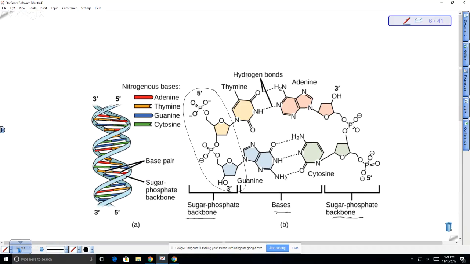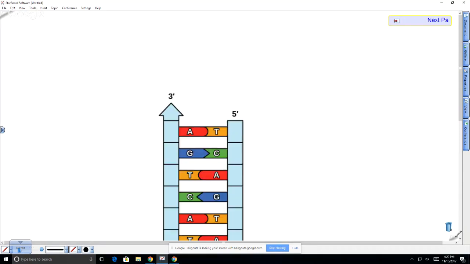We're not going to worry in this class about 5' to 3', but they actually run in opposite directions to one another, so they're anti-parallel. The helix is the way that it rotates. The rotation of the ladder is what makes up the helix structure. If you think about it, we did not know the shape of the DNA. We knew what it was made up of, but it was 1953 when the model of what DNA looks like was first published.